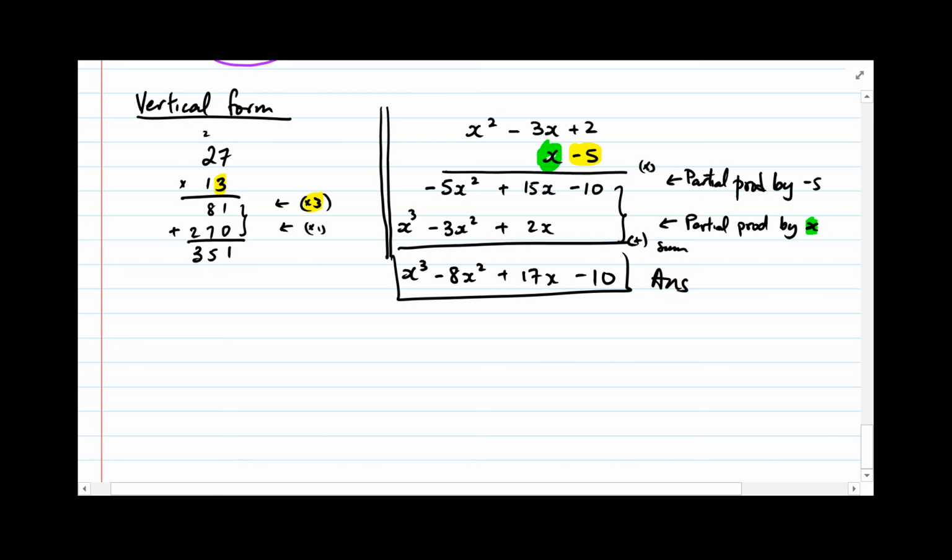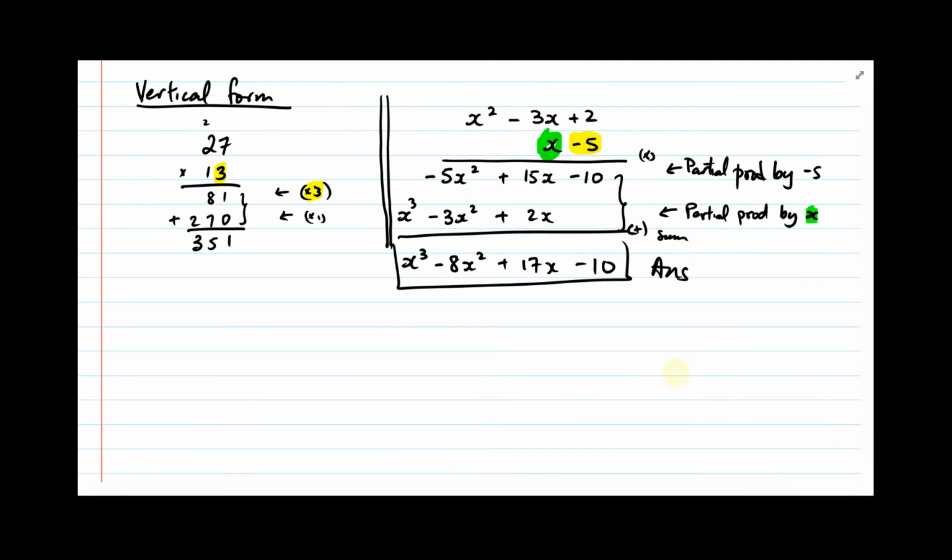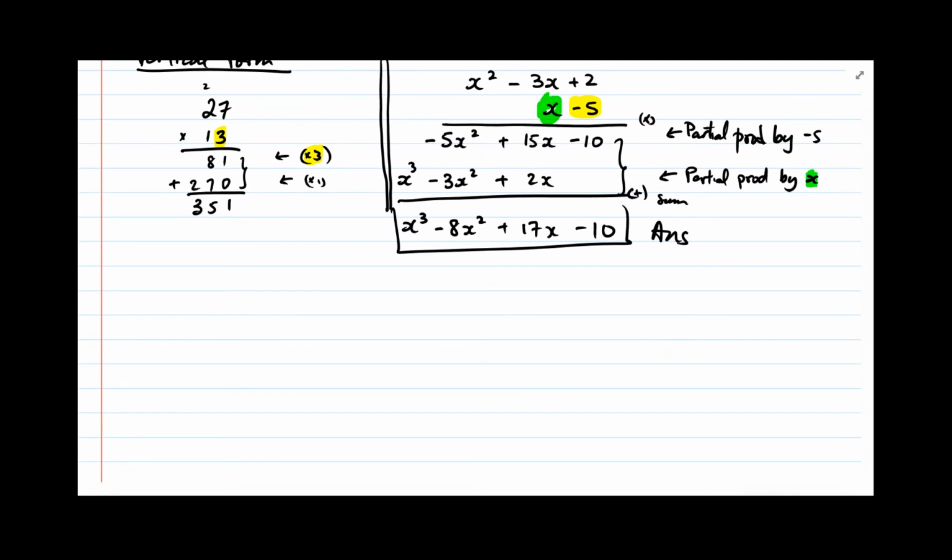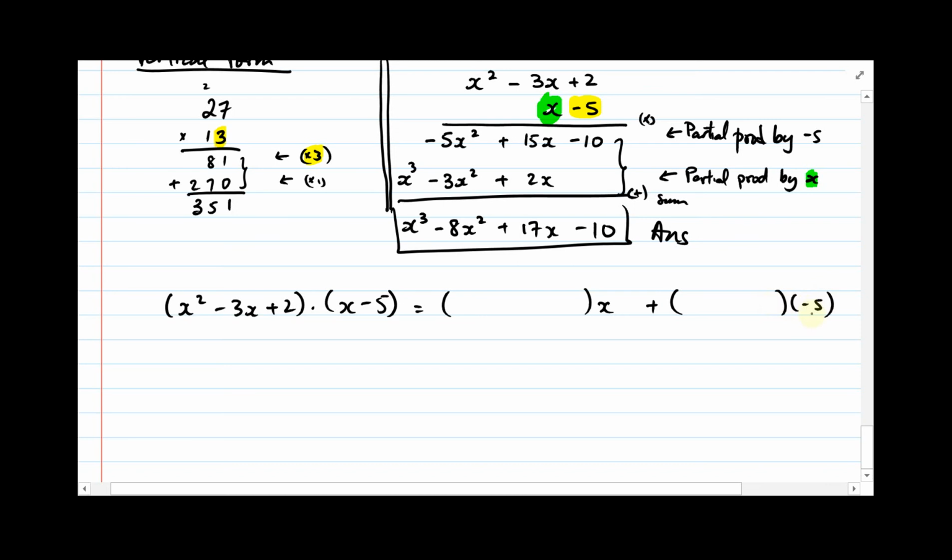Alright, if you want to check that, let's see. If I want to check that, let's write it this way, x squared minus 3x plus 2. Let's look at it in the horizontal fashion. I'm doing it the same way.